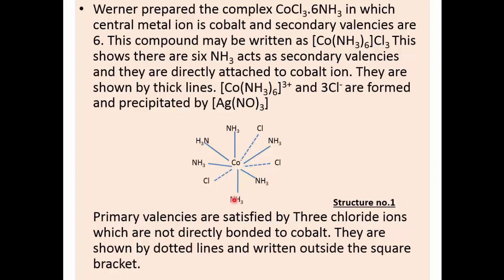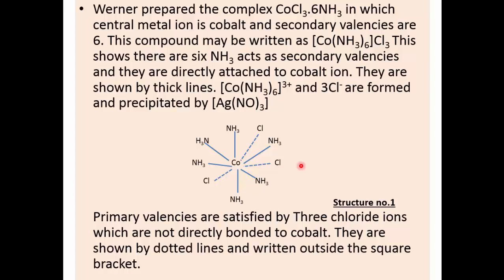These act as primary valency, and therefore these 3 chloride ions are not directly bonded to the cobalt ion, and hence they are attached to the cobalt ion with the help of these dotted lines. These 3 chloride ions are bonded to the cobalt ion loosely, and therefore they are shown with this dotted line, and they are present outside this square bracket.